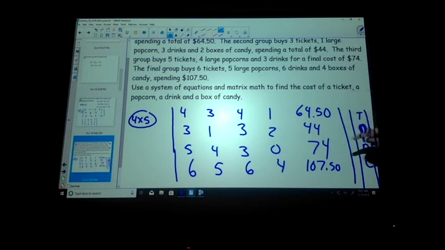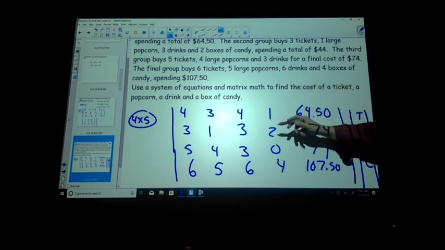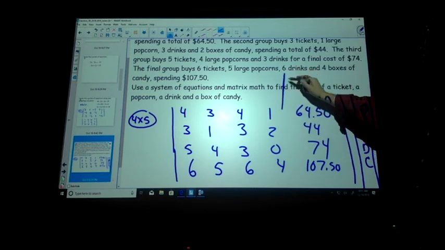So if you plug in 4, 3, 4, 1, 6, 4, 5, 0, 3, 1, 3, 2, 44, 5, 4, 3, 0, 74, 6, 5, 6, 4, 107.5 as a 4x5 matrix, second quit, then go back into matrix, go to math, go down to RREF, go back into matrix, tell them which 4x5 you want to plug in, hit enter. This last column here, this answer is going to look like this.